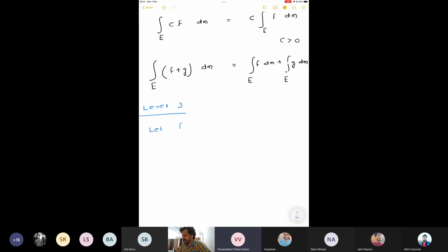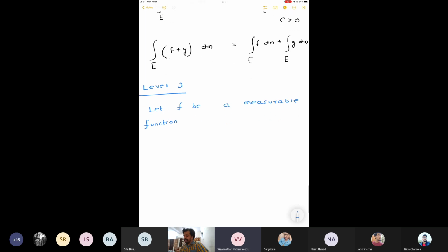Let f be a measurable function. We define the positive part of f, namely f plus, as the maximum of f(x) and 0 for each x.